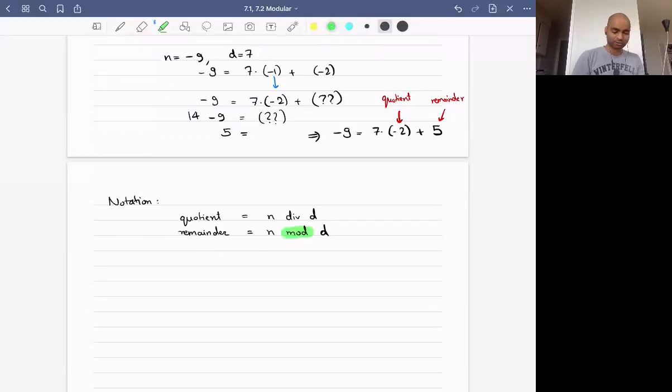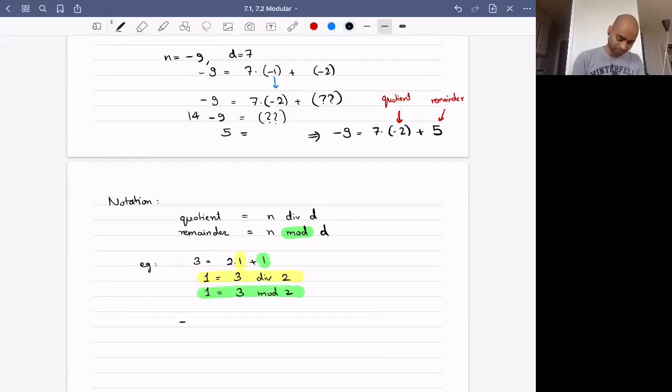It's this mod. So in the above example, when we had 3 is equal to 2 times 1 plus 1, we get 1 is equal to 3 div 2, and 1 is equal to 3 mod 2, where the first one is the quotient and the second one is the remainder.